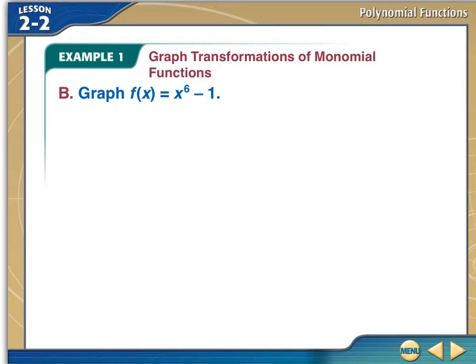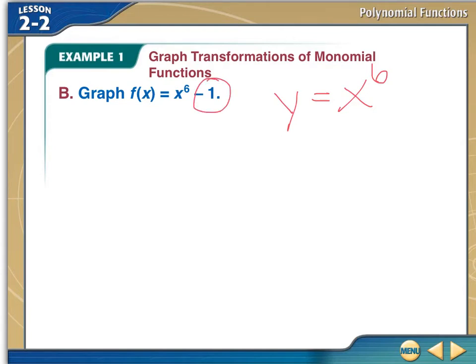In example B, we're asked to graph the function f of x equals x to the 6 minus 1. The parent function is just the monomial x to the 6. We are going to graph both functions, y equals x to the 6th and y equals x to the 6 minus 1.